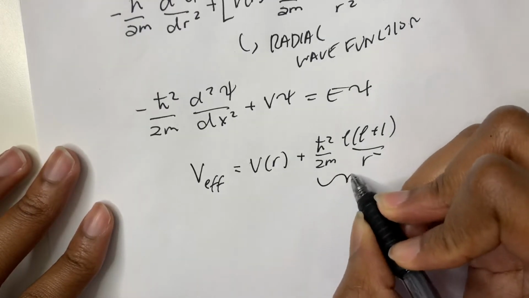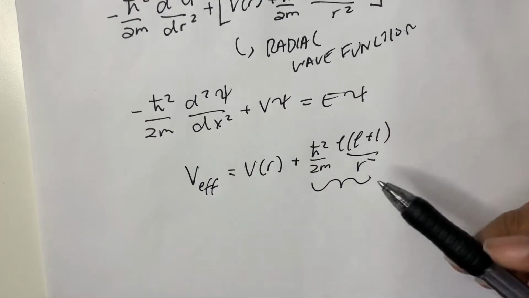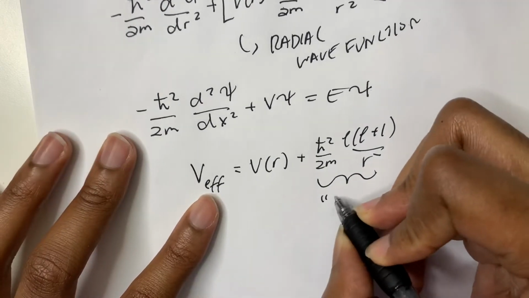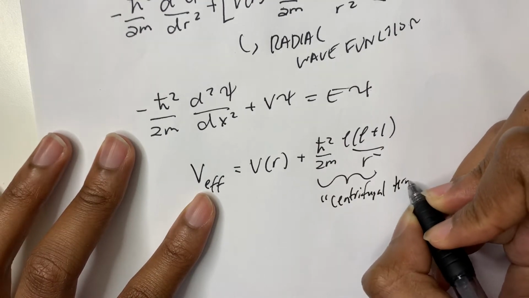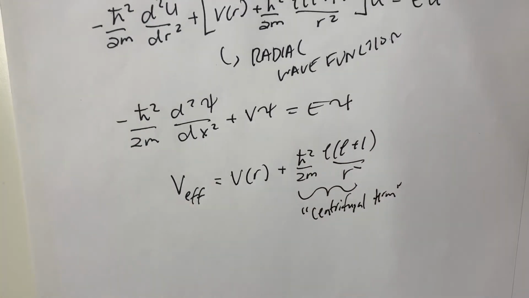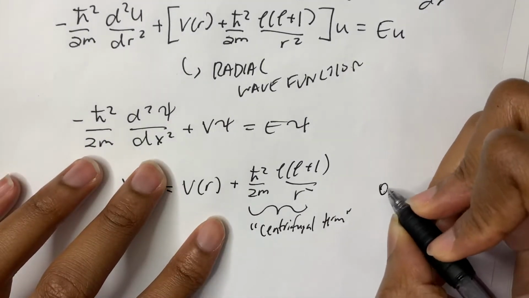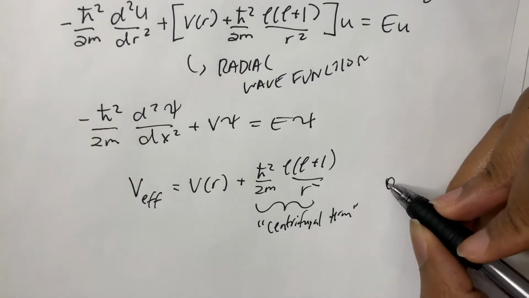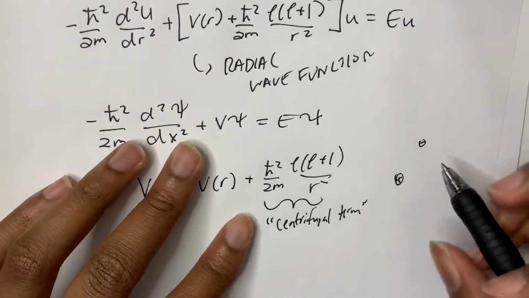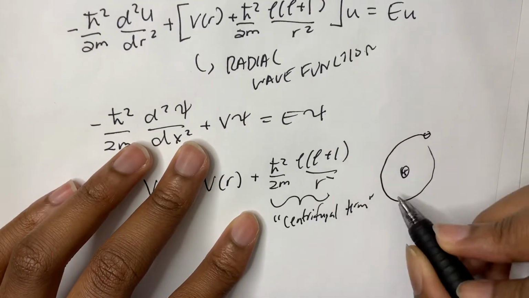And what is the physical meaning of this term? Well, this term is what's called a centrifugal term. It sort of acts like the centrifugal force that we know from classical mechanics. So when we solve the hydrogen atom, you have the proton over here, and you have the electron moving around the proton.